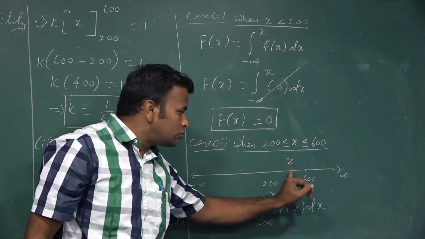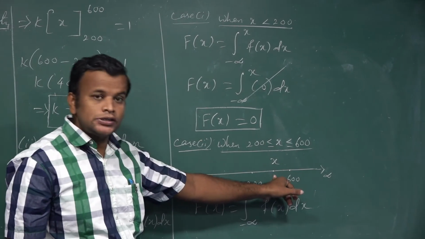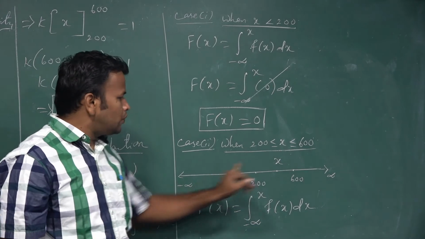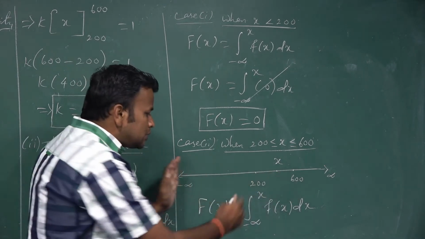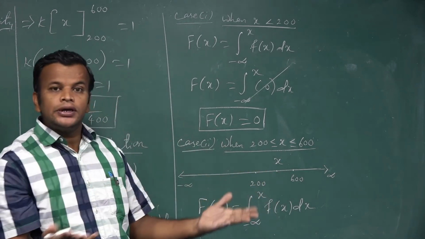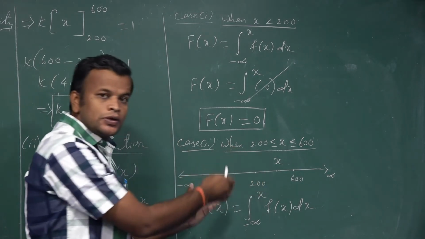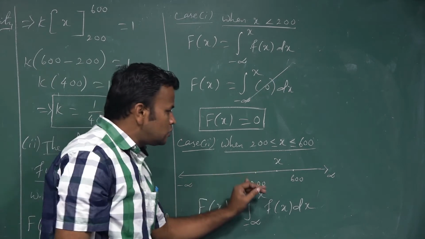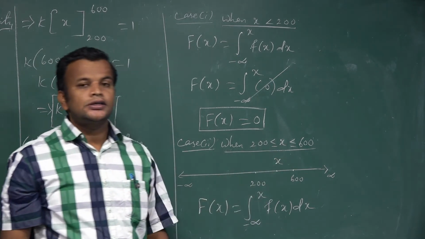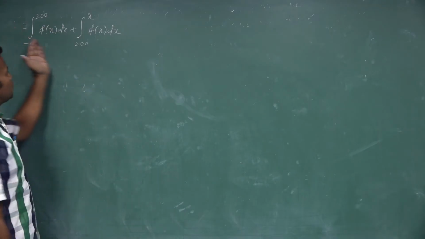But here assume the value of x lies in this place. So you start from minus infinity up to x. So we split the single integration into a double integration, from minus infinity to 200, then this 200 to x is the second case. Now we split into two integrals.